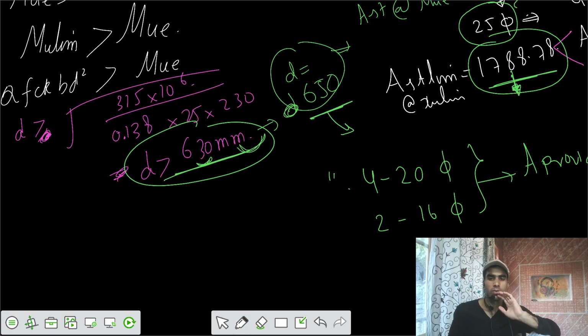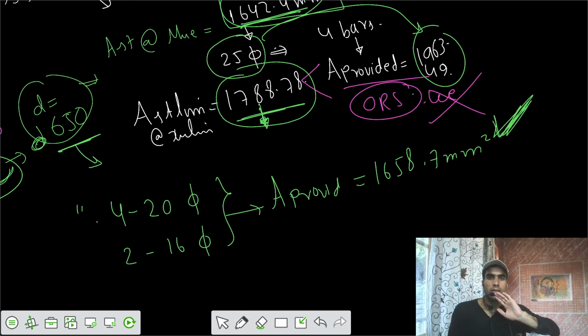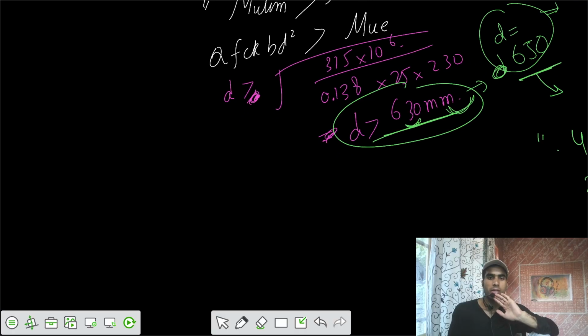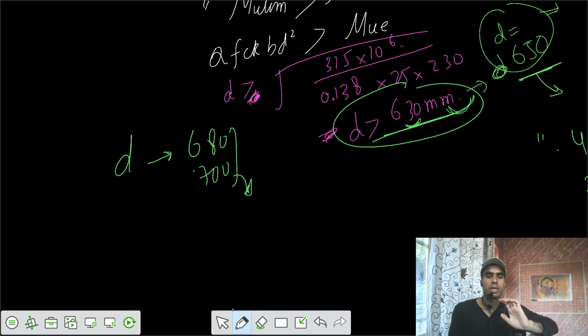So you always prefer that depth should be increased by some 50-60 millimeters. If you directly say that depth should be 630, I would finally take 680 or 700, and then the calculations would become easier.